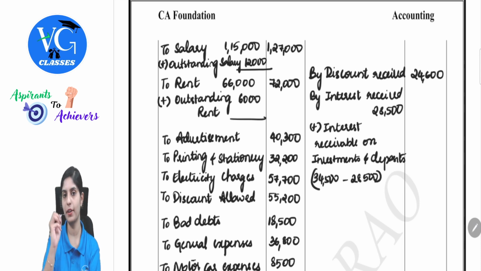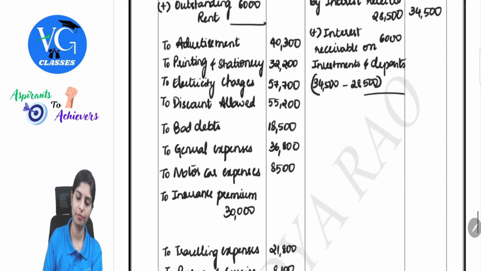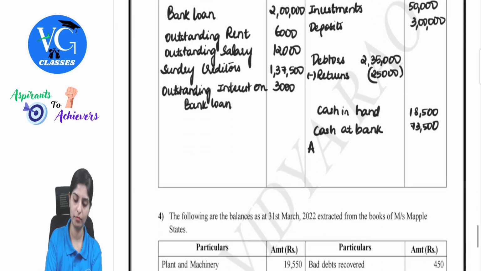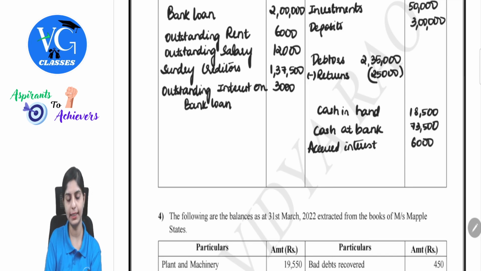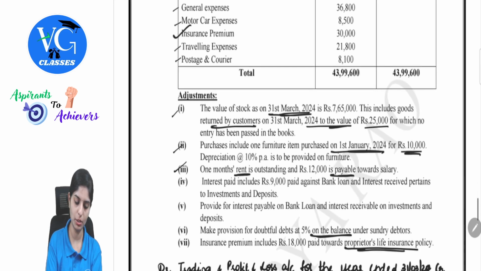How did we get 34,500? 4,500 plus 30,000. So 6,000. This will be accrued interest 6,000. Clear? Yes. So this point is covered.